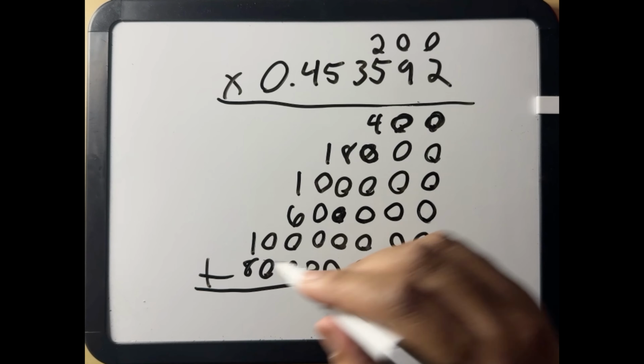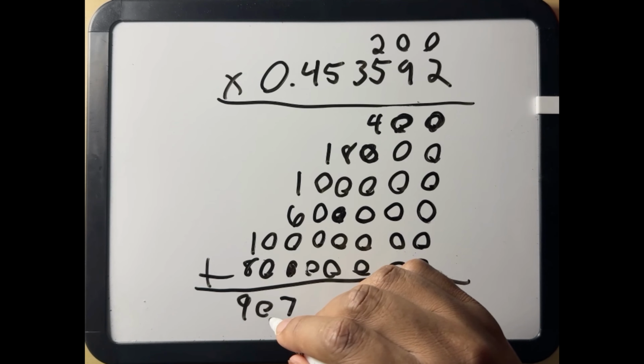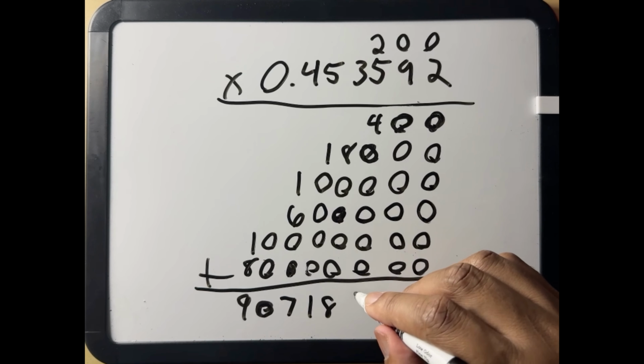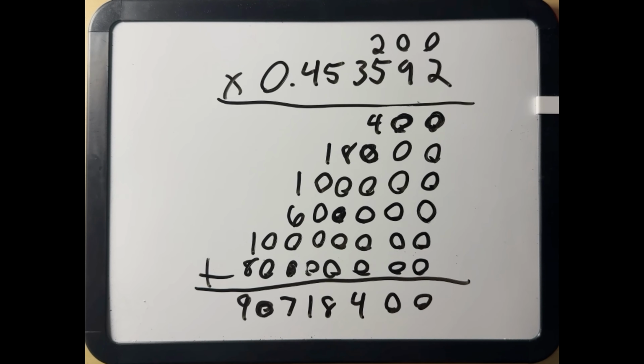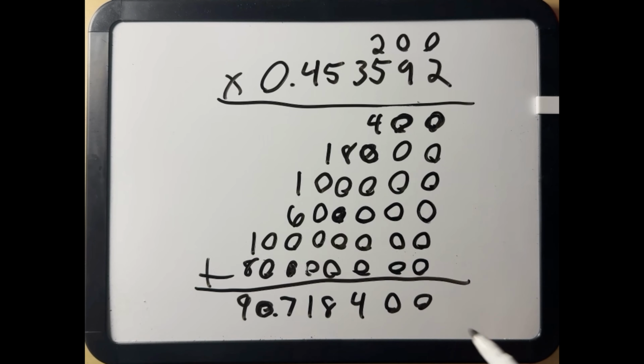Now we simply add 9, 0, 7, 1, 8, 4, 0, 0. So our answer is 90.718. 200 pounds is about 90.7, if we round up, 90.72 kilograms.